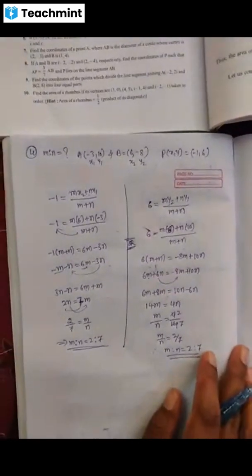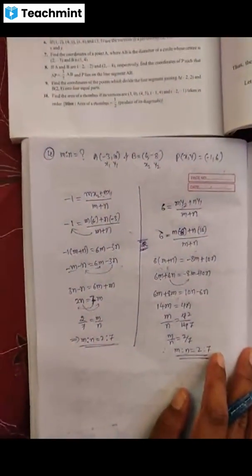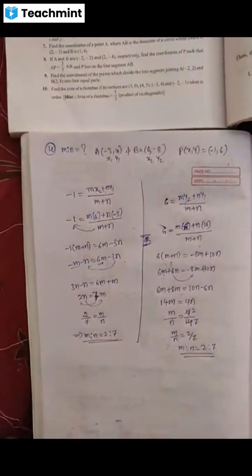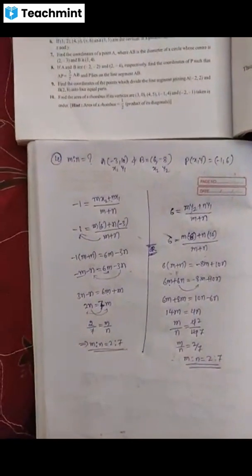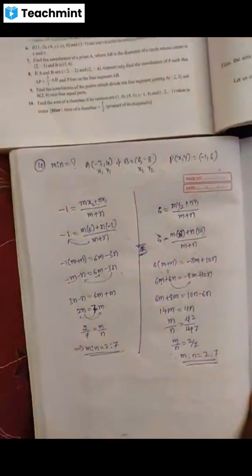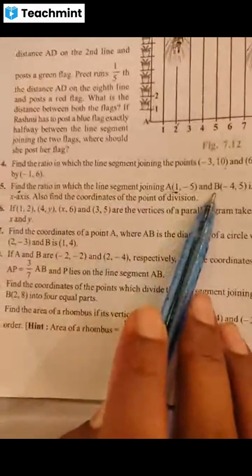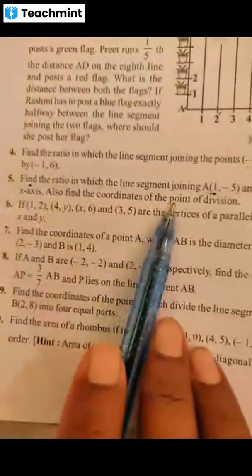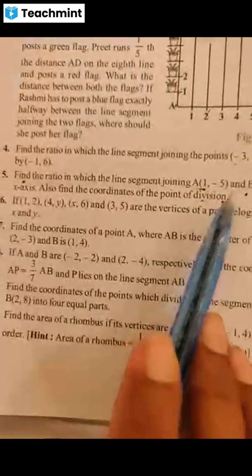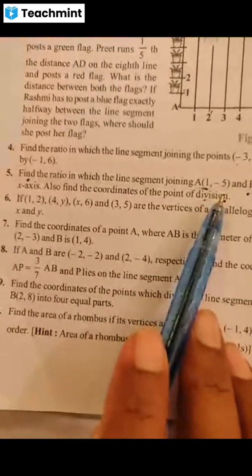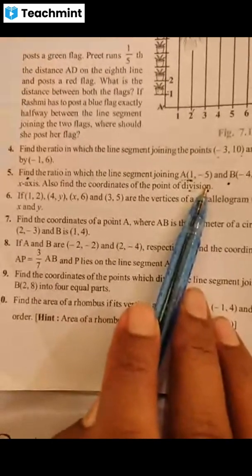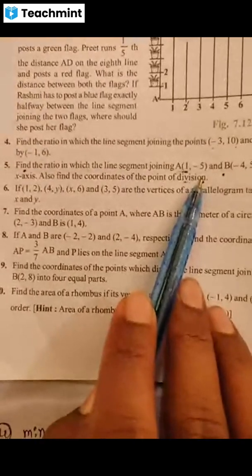So the fifth question we already solved. See here, fifth question: find the ratio in which the line segment joining A (1, -5) and B (-4, 5) is divided by the x-axis. Also find the coordinates of the point of division. This was solved in yesterday's class, already shown in the PPTs.